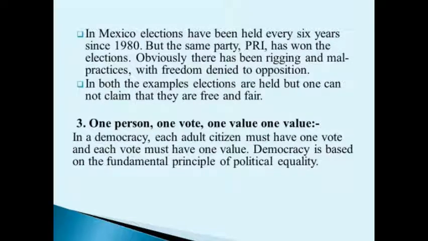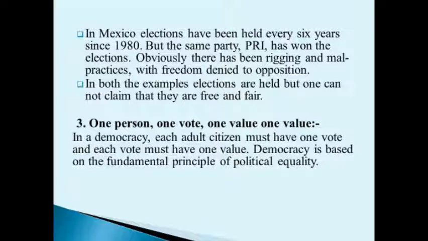In Mexico, elections have been held every six years since 1980, but the same party, PRI, has won every election. Obviously, there has been rigging and malpractice, with freedom denied to the opposition. In both examples, elections are held, but one cannot claim that they are free and fair.